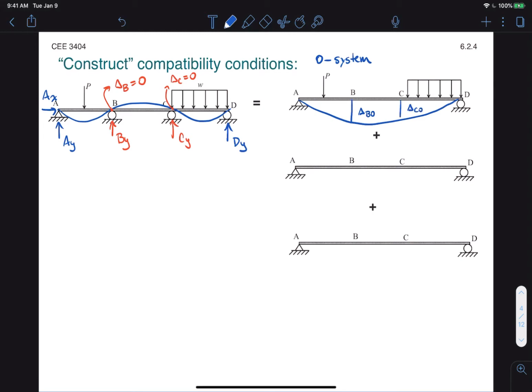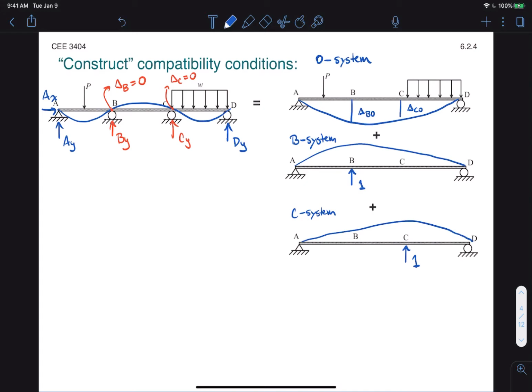Now in order to cancel out those displacements, we need to add 2 more loaded primary structures, 1 for each of the redundant reactions. So the first we'll call the B system, because we'll load that at the B position, and the second one we'll call the C system, because that'll be loaded at C. So let's look at the corresponding deflections of these 2 systems.